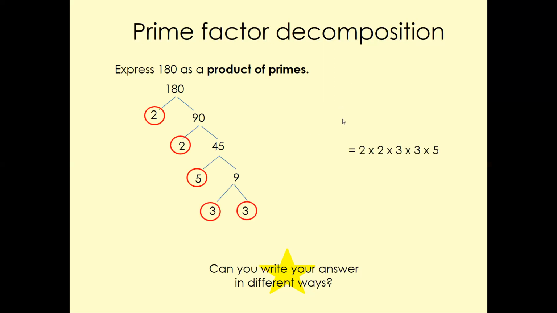And that is how you'll write the answer as a product of prime numbers. And if they ask you to write your answer using index notation, that's going to be 2 squared times 3 squared times 5.